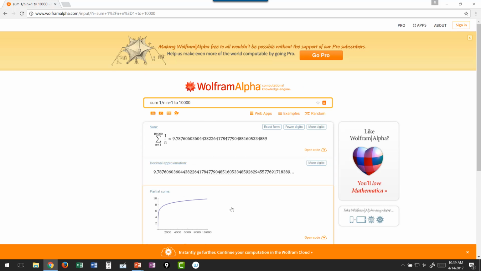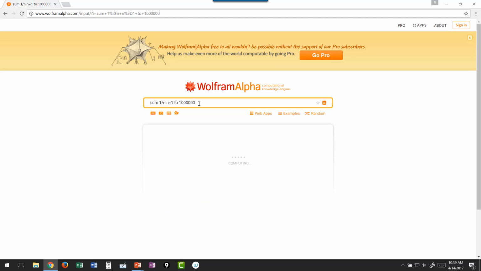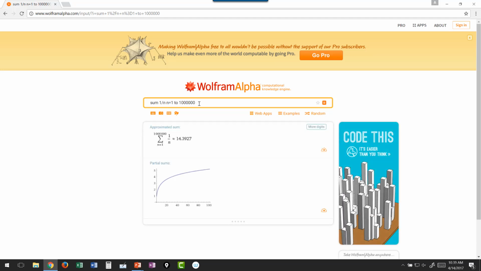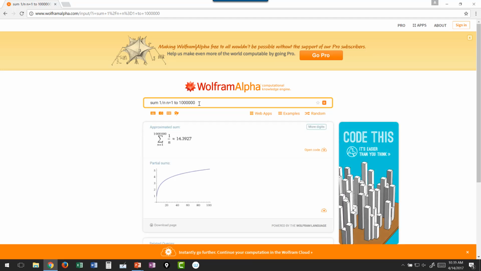This does not seem to be settling down to any particular number. Let me go out to, say, 1,000,000. So if I add the first 1,000,000 reciprocals together, I get about 14.39. Well, Wolfram is graphing the partial sums just below the decimal approximation, and it's showing that the partial sums seem to be continuing to increase without bound.